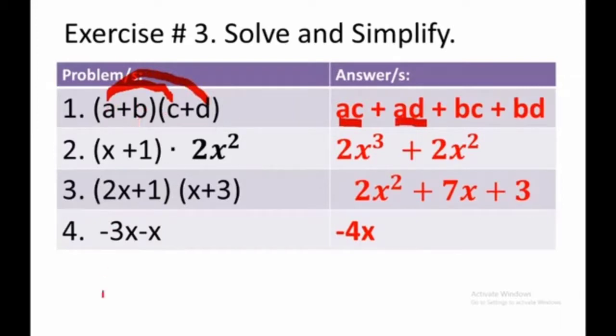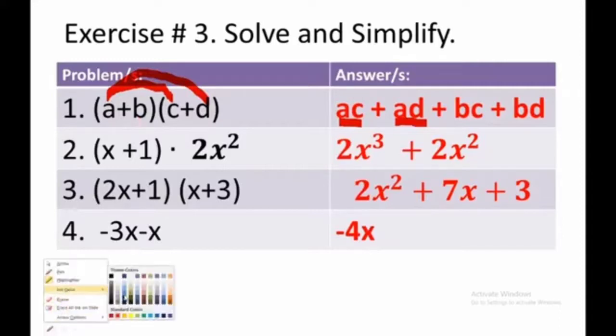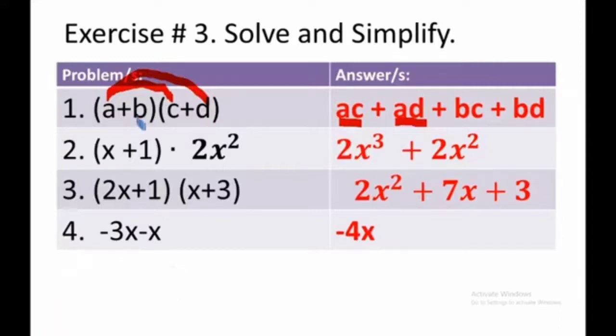Then, we have here letter B. For B, that is B times C, that's why we have BC. And B times D, we have BD. So the product is AC plus AD plus BC plus BD. That is our answer in number 1.